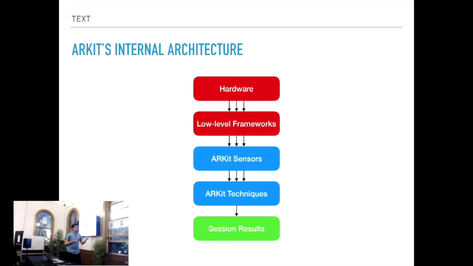You can see how everything starts with hardware. Access to hardware is provided by low-level frameworks like AV Foundation or Core Motion. And those are wrapped into what ARKit calls sensors internally. And sensors provide different kinds of data like accelerometer readings, gyroscope readings, and so on. And those are used by techniques.